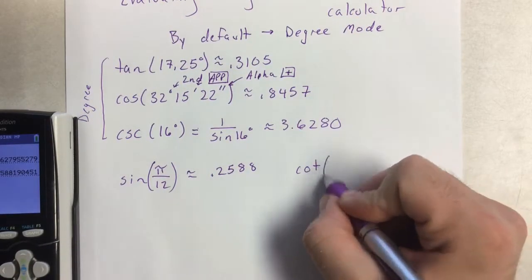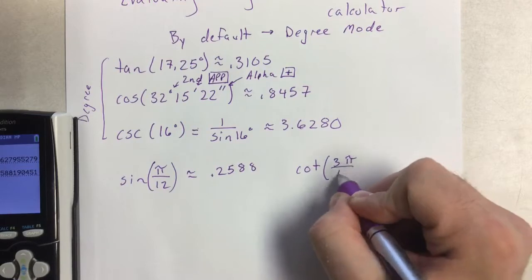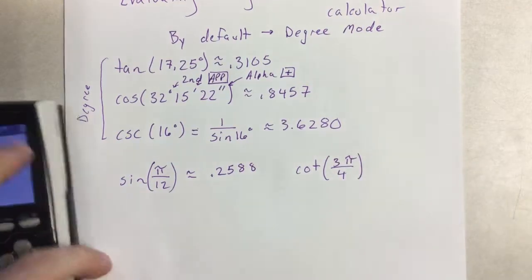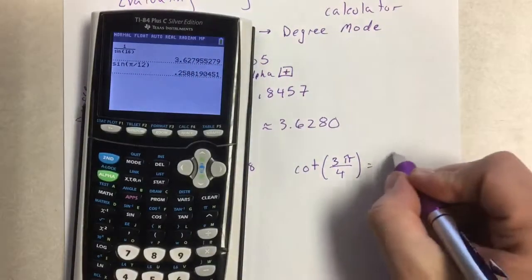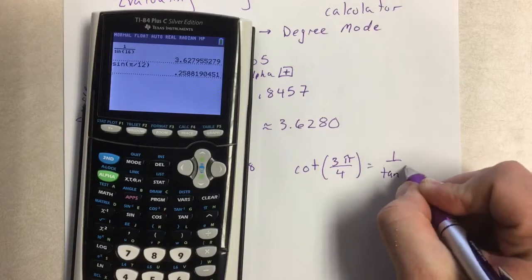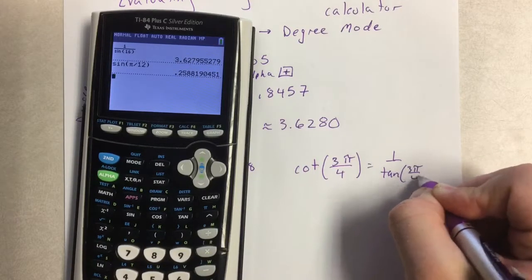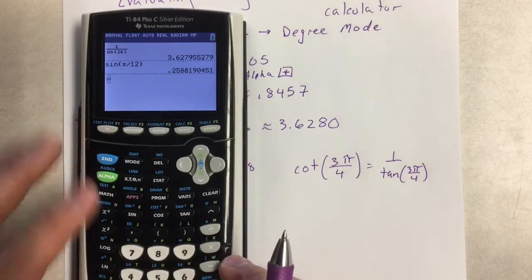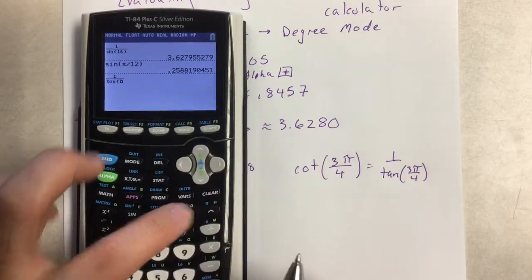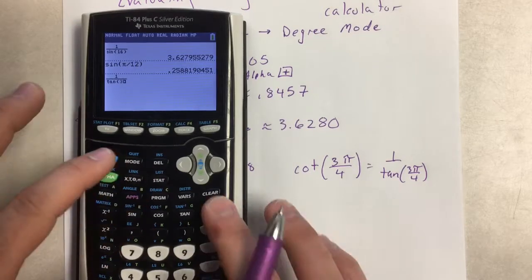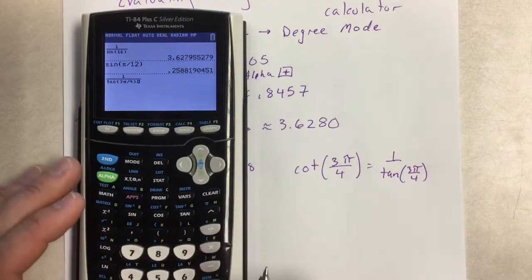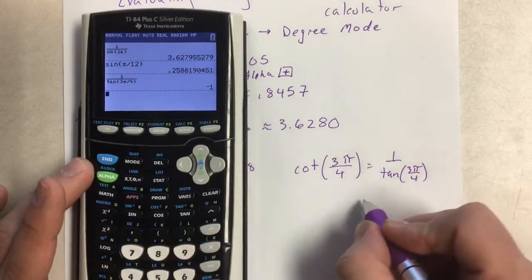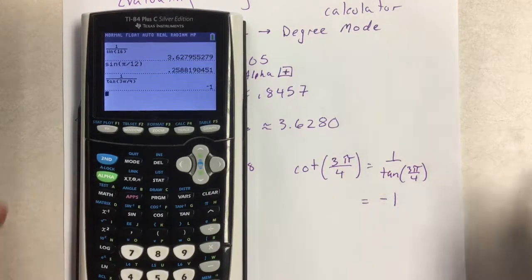Cotangent of 3 pi over 4. So cotangent, I know this is 1 over tangent. So 1 divided by tangent of 3 pi divided by 4, and we get exactly -1.